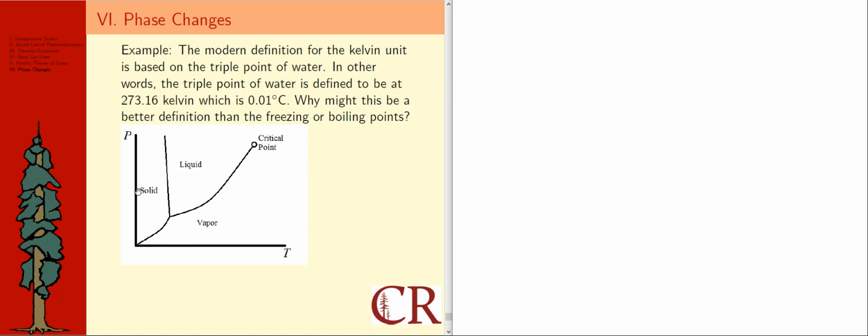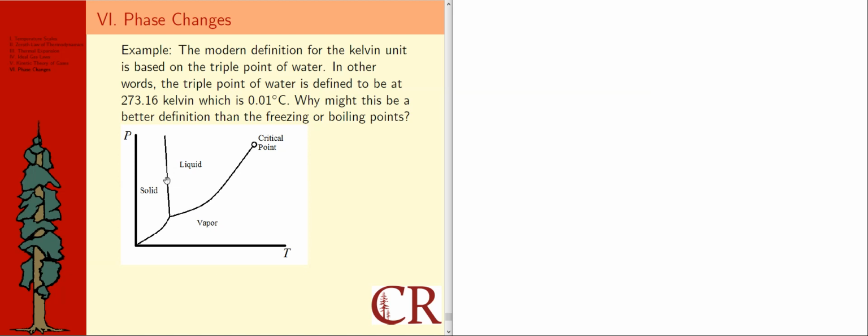But again, this could be used for water. The issue is that this nearly vertical line is not quite vertical, and the reason is, as you change pressure, the freezing point shifts. Water is maybe slightly unique in the way this is slanted leftwards.